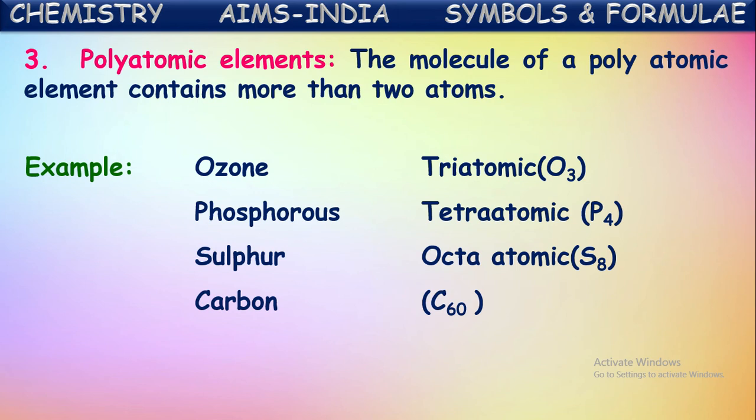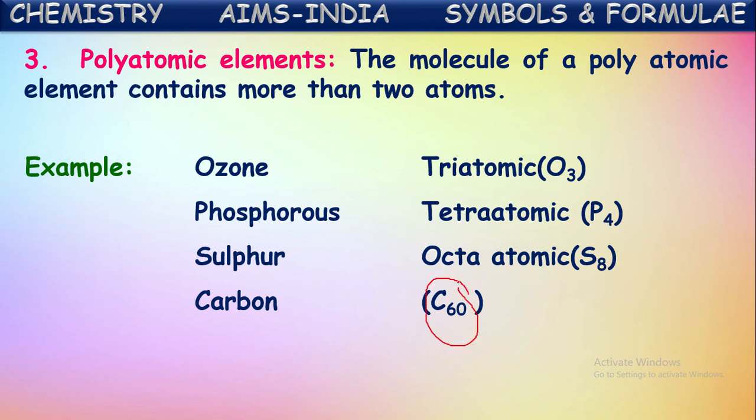If you consider sulfur, in a sulfur molecule there are eight atoms of sulfur combined together. So we can say sulfur is octaatomic. And an abnormally great number of atoms is present in the molecules of carbon. It is one of the examples for carbon molecules. We call this fullerenes.